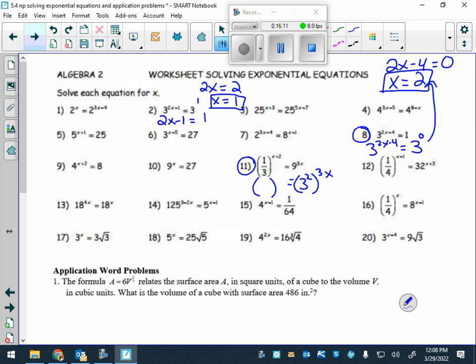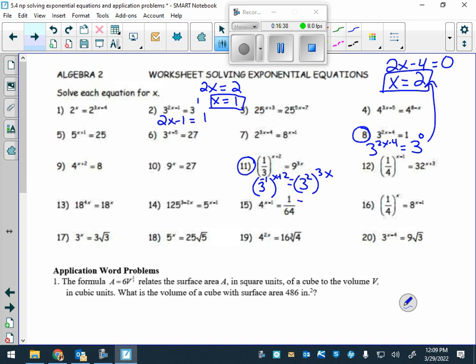Right? 3 to what power? 3 to what power gives me 1/3? -1. Excellent. X plus 2. Okay? So we have our whole number exponents. We rewrote 1/3 to 3 to the negative first. Now we just multiply.